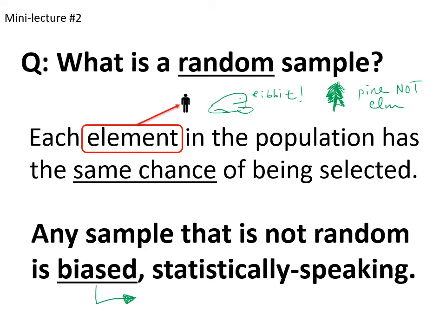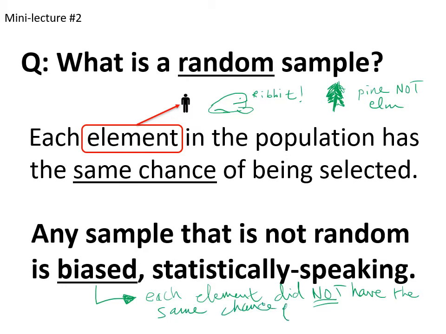If it's not random, it's biased. This means each element did not have the same chance of being selected.